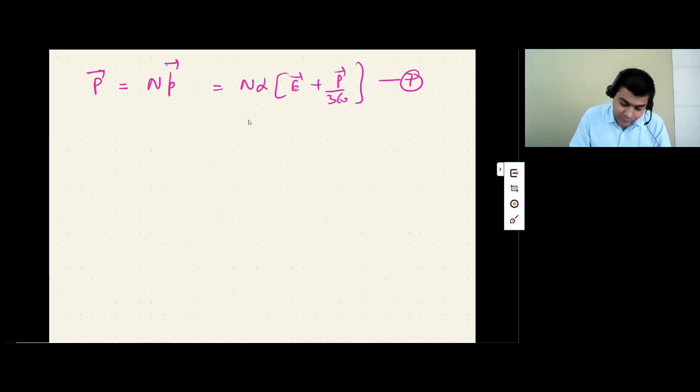I discussed in the previous video that P, the total dipole moment per unit volume, is proportional to E, the average electric field in the dielectric, and was equal to epsilon 0 chi E, where chi is the electrical susceptibility.